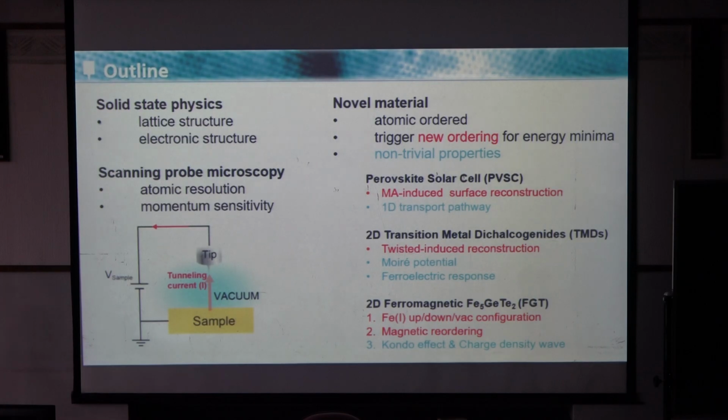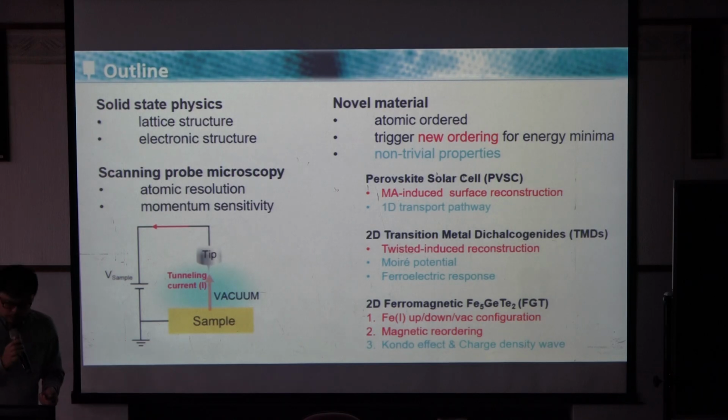Today I also provide the concept of a novel material, which is atomic ordering. Under specific conditions, it can trigger new ordering to minimize its energy under different environments. As a result, it can give non-trivial properties and corresponding applications in its field.